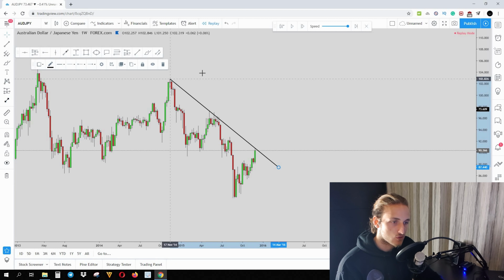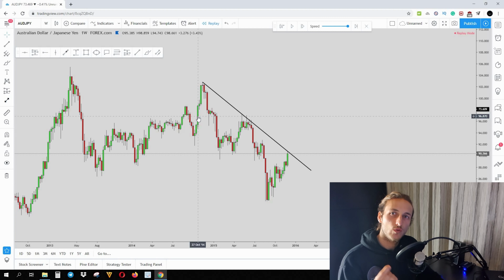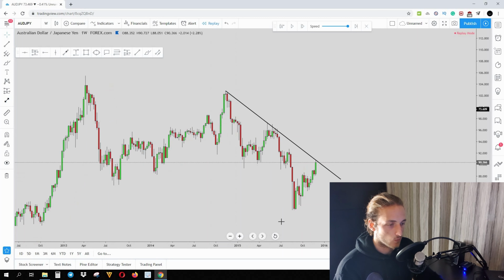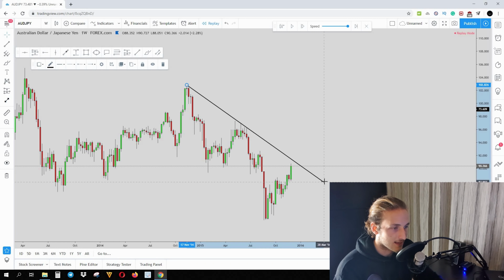Now, the first thing that I want to speak about this trend line is that when you're taking a trend line, you don't want to take the trend line on the highest level of the second touch. You want to touch as many candles as possible. Let me show you what I mean by this. Look, if I adjust my trend line in this way, putting it on the wick, the highest level of this high, this wick here, what happens?